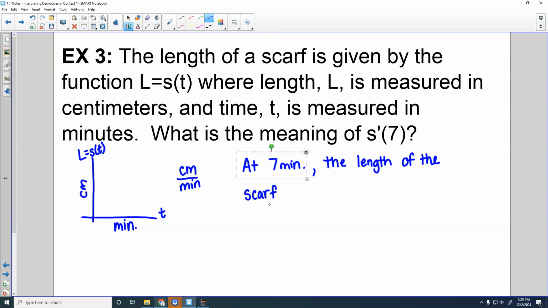But in this particular case, since we don't know whether it's a positive or a negative number, we'll just say it is changing at a rate of S prime of 7 centimeters per minute. And so if you actually had a number for S prime of 7, if it was 10, at 7 minutes, the length of the scarf is changing at a rate of 10 centimeters per minute.